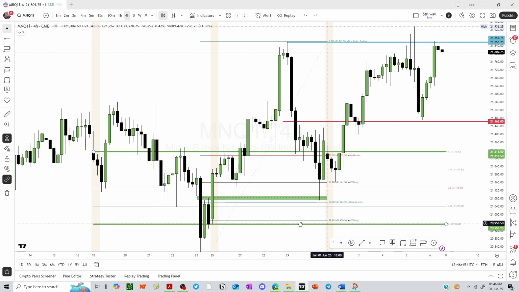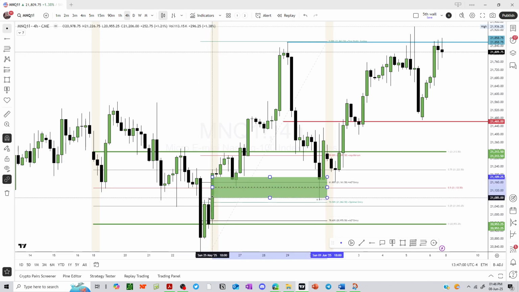All right, so that's the 4-hour level, bullish balanced price range, and then price higher. Got a break in structure here, retrace back down into this fair value gap.